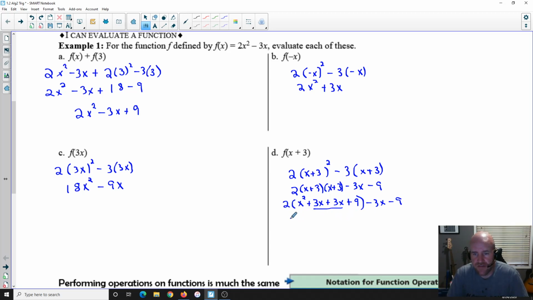So 2 times x squared, and then 2 times the 6x, so that's going to be 12x. And then 2 times the positive 9 would be positive 18. And then we still have this stuff we need to drop down.